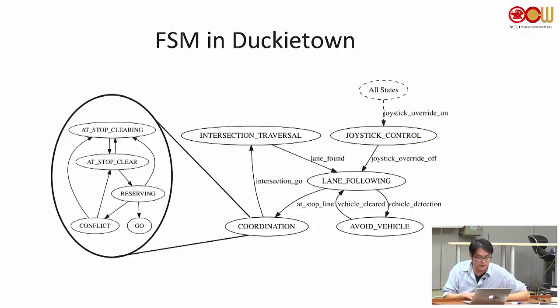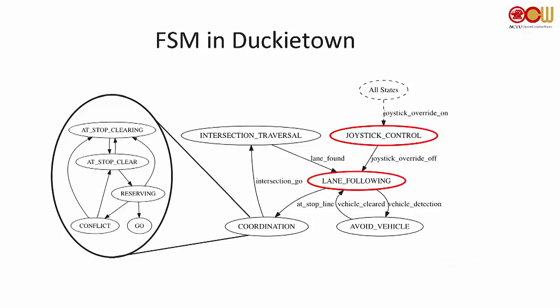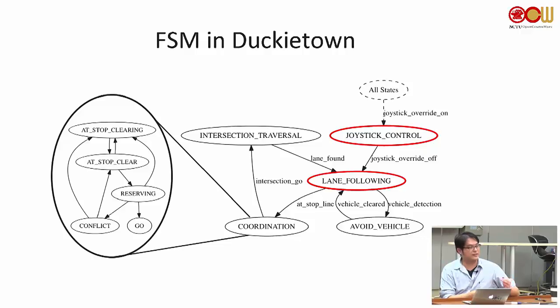How did we switch from joystick to lane following? Do you remember the command? Yes, a ROS service call: there is a command called set state to lane following. That's one way to set the state from joystick control to lane following.